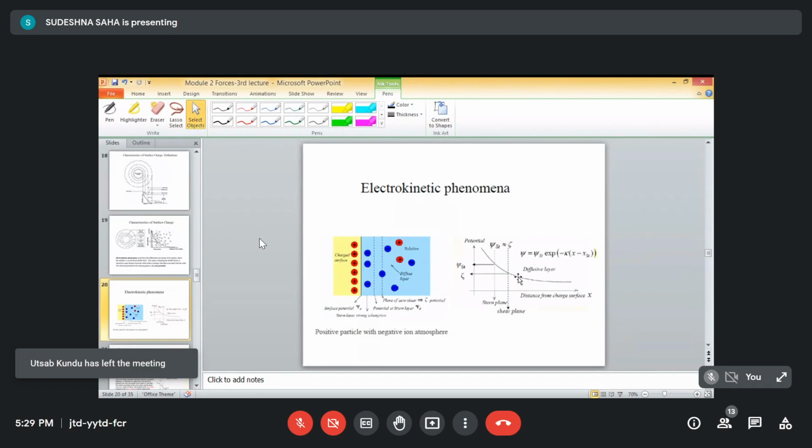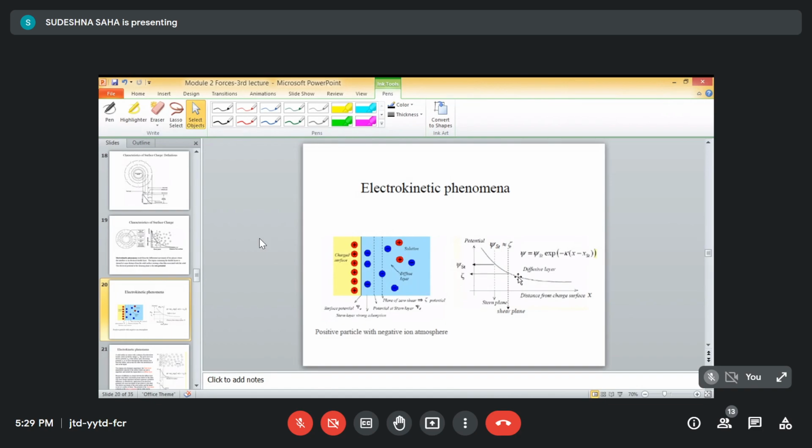Mostly we term it as zeta potential, and Stern potential is a bit more like a condensed structure, where the counter ions are very close. If you have a charged particle dispersion in an electrolyte, and you put it in the zeta sizer, where you introduce a voltage difference, then you will see that there will be a mobility of these charged particles.